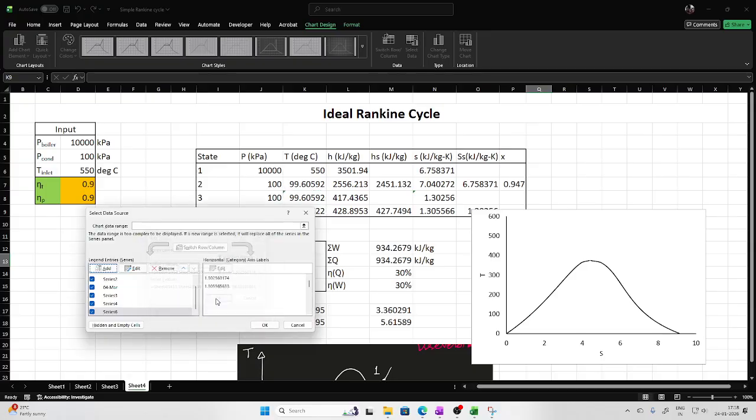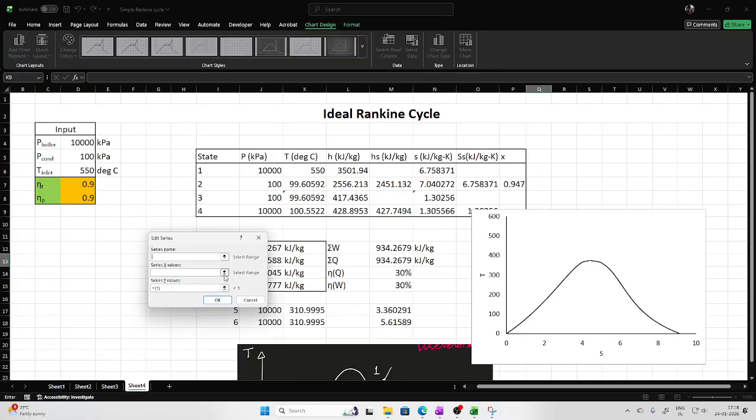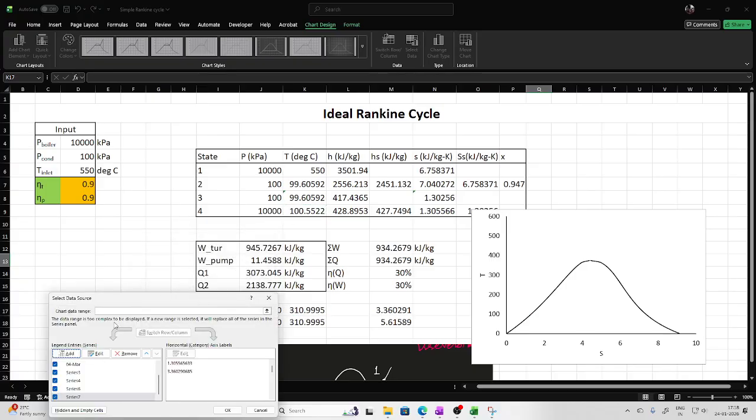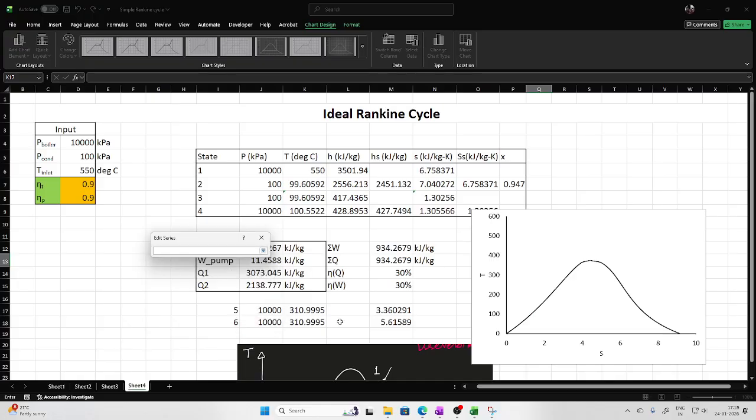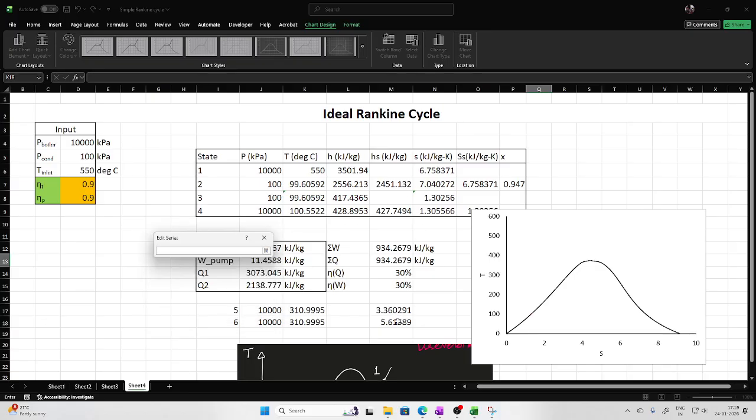Then 4 5, add: this is 4 and this is 5, and the temperature 4 and 5. Then 5 6, with y-axis temperature 5 6, and finally 6 and 1, with y-axis temperature 6 and 1.